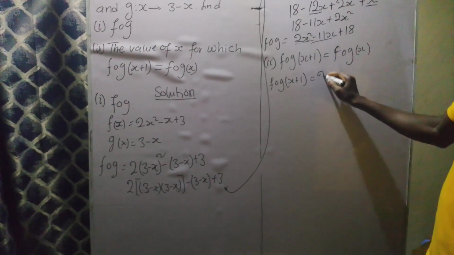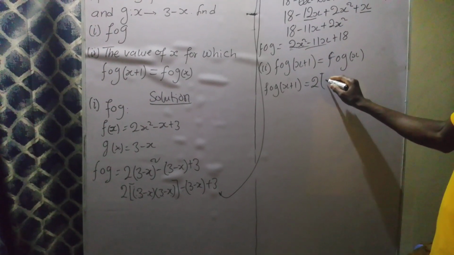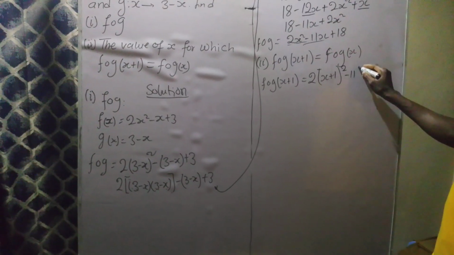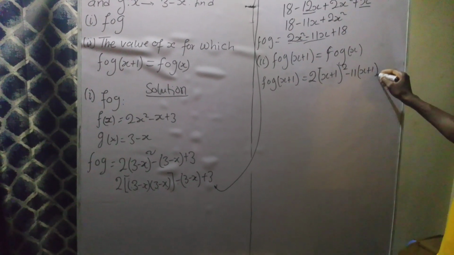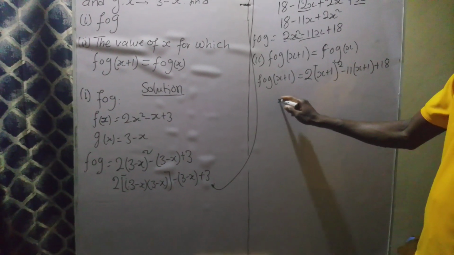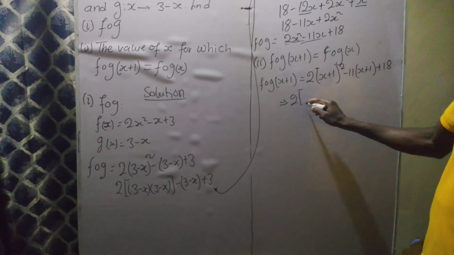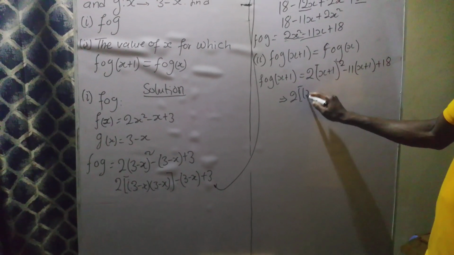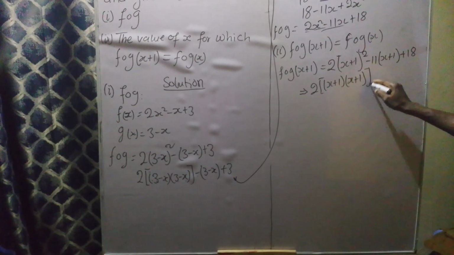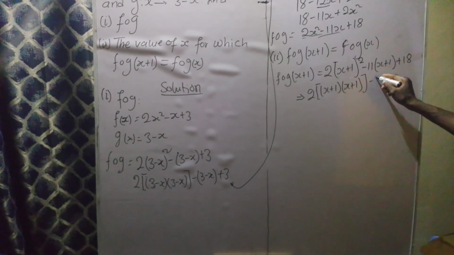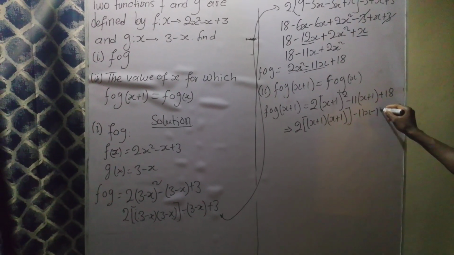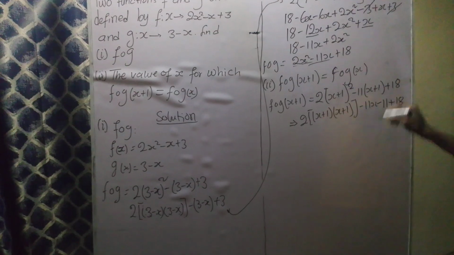So let's do that. We are going to have 2 in parentheses x plus 1 squared, minus 11 in parentheses x plus 1, plus 18. So let's expand this. We are going to have 2 open brackets x plus 1 and x plus 1 close bracket. Then we expand this, we'll get 11x, so minus 11x minus 11 plus 18.